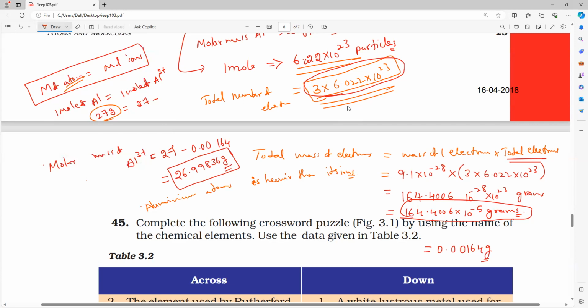How much difference? Check it, everybody. Aluminum atom 27 gram, aluminum ions 26.99836. So what is the difference? 27 minus 26.99836. So what is the difference?